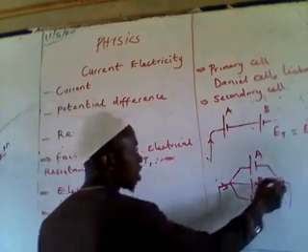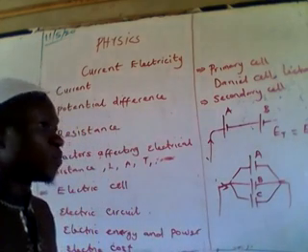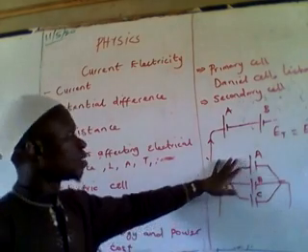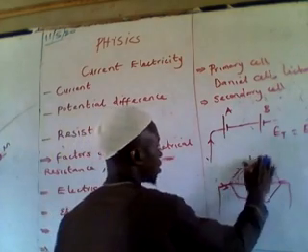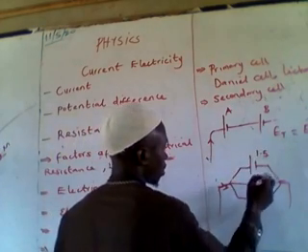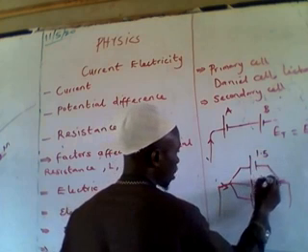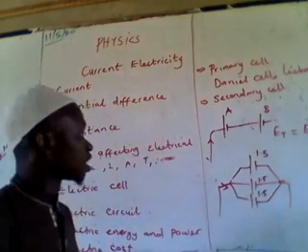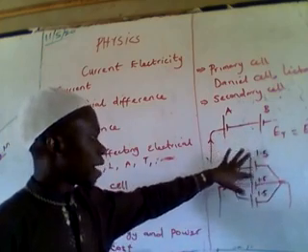But if you have many cells arranged in parallel, one thing about parallel arrangement is that they will have the same EMF. For example, let's say cell A is 1.5 volts, cell B is 1.5 volts as well, and cell C is 1.5 volts. All these are 1.5 and they are arranged in parallel.